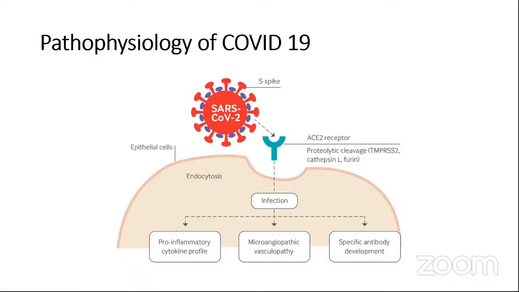And due to the effect of these cytokines and direct viral invasion of the cells, the epithelial and endothelial barrier integrity is damaged, causing endotheliitis that predisposes to microthrombi formation, especially initially within the pulmonary vasculature. We call this microangiopathic vasculopathy. At the same time, your humoral immune response is activated and starts producing antibodies against the virus.